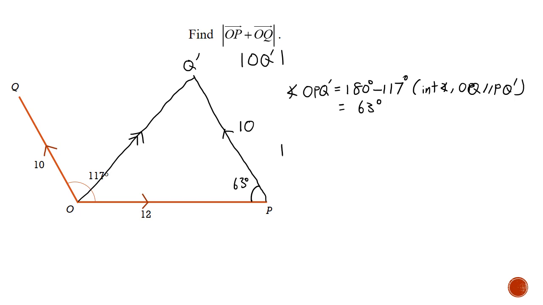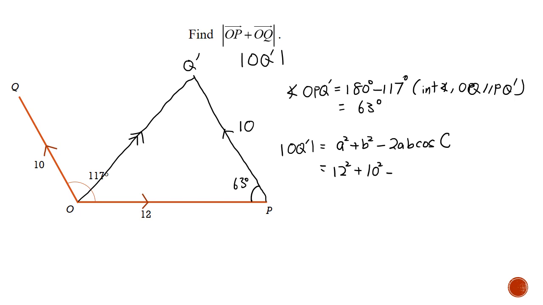Now, having found this angle here, how then do we find the magnitude of OQ prime? We can find the magnitude of OQ prime using the formula for cosine rule, which is a squared plus b squared minus 2ab cosine C. And the value of a squared is 12 squared. The value of b squared will be equal to 10 squared.